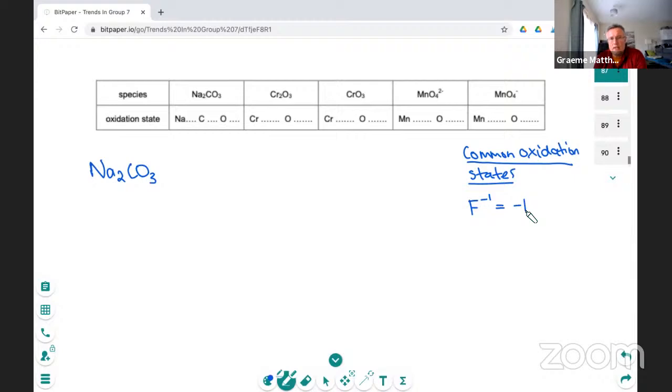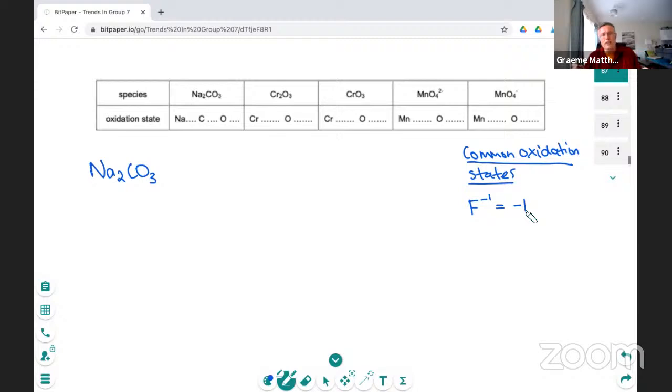And I know what you're thinking: yeah, but hold on a minute. Didn't you just say that non-metals have variable oxidation states? Well, fluorine is a non-metal. How come it can't go from -1 all the way up to +7 like chlorine? Because fluorine is so electronegative, extremely electronegative on the Pauling scale, number one.